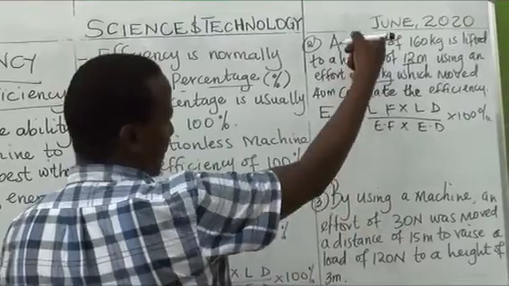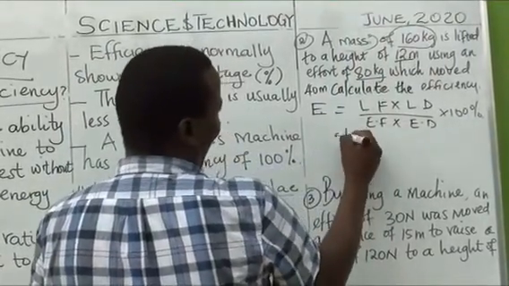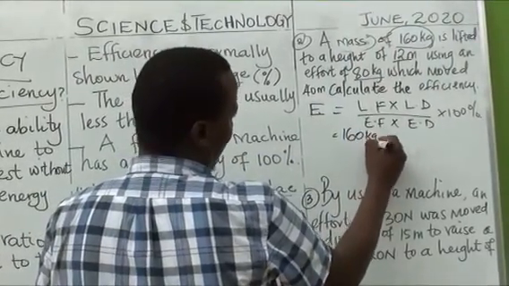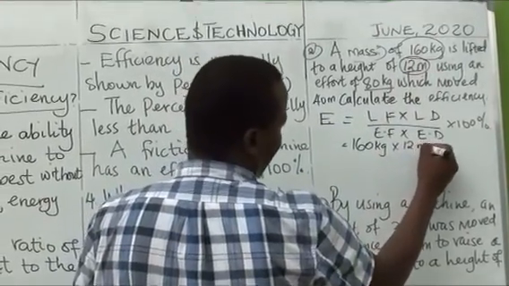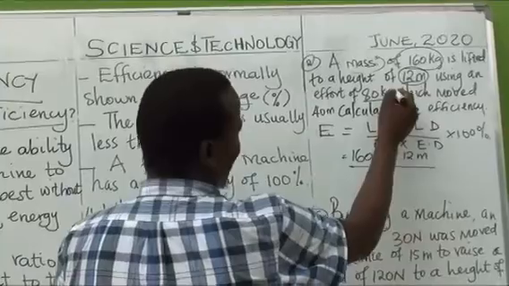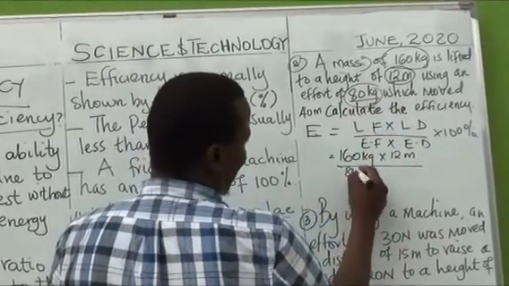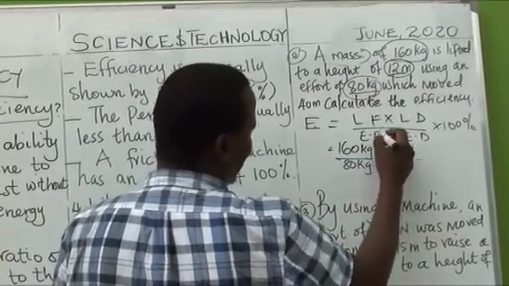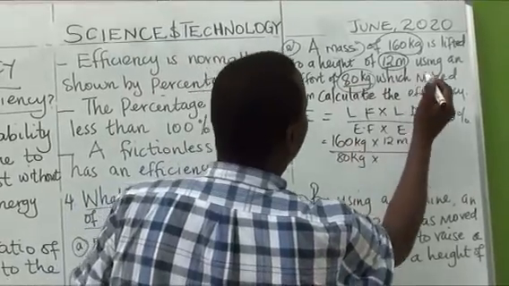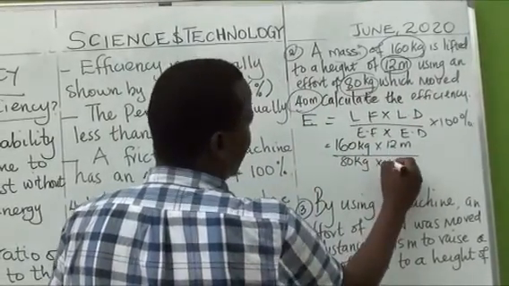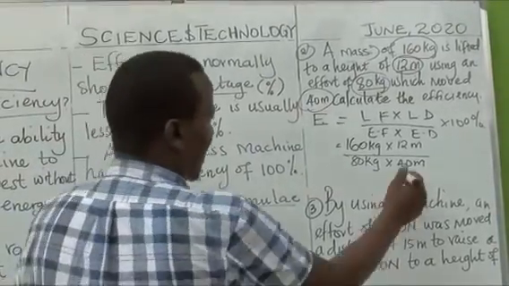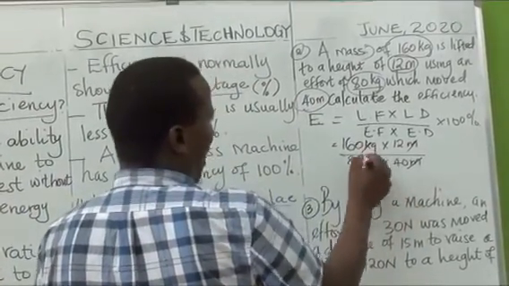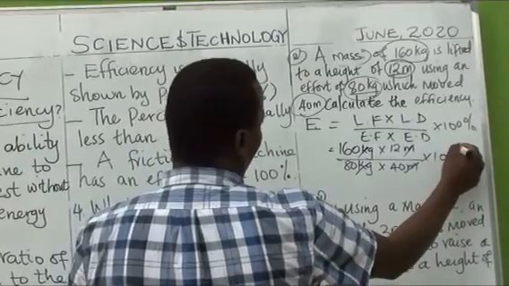What is our load force? Our load force is 160 kilograms times the load distance, 12 meters, over the effort force, 80 kilograms, times the effort distance, which is 40 meters. Now, we can simplify. Meters with meters, kg with kg. Don't forget, it is times 100%.